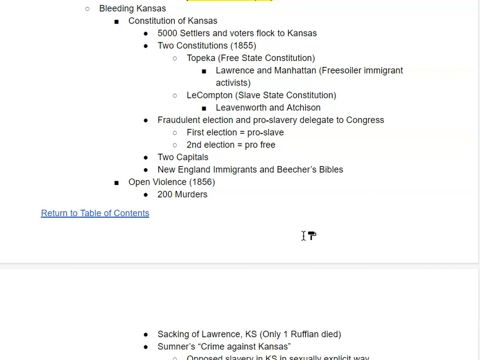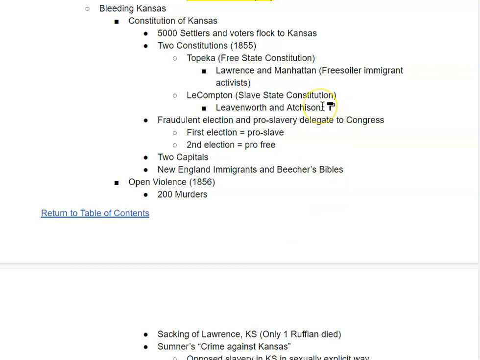What happens is, as soon as you had enough people, you could apply for statehood. Well, and then majority rules. Well, what happens is thousands more flock to Kansas. The population hits the threshold, but you have a day set when there's going to be a vote on the Constitution.